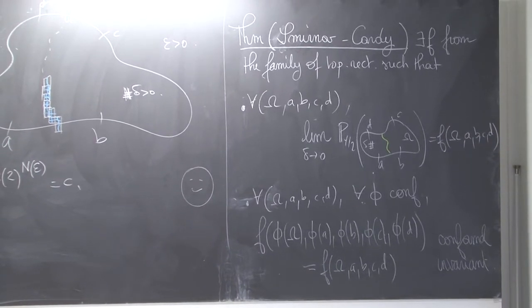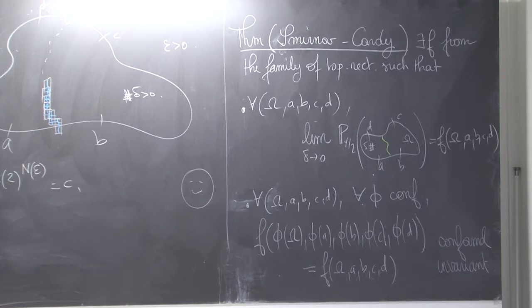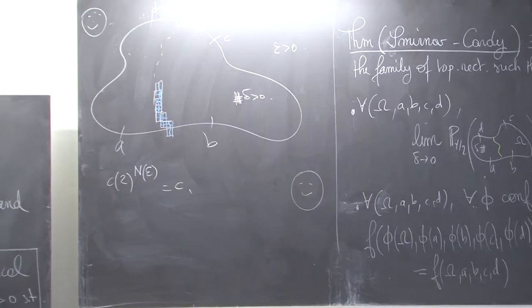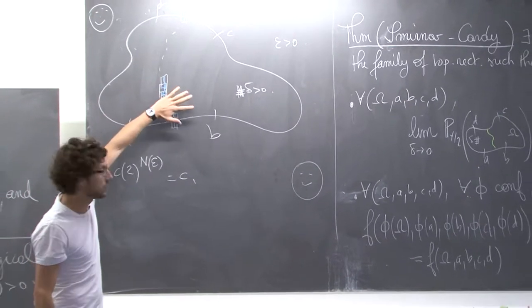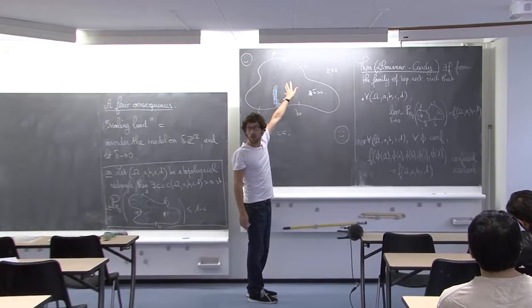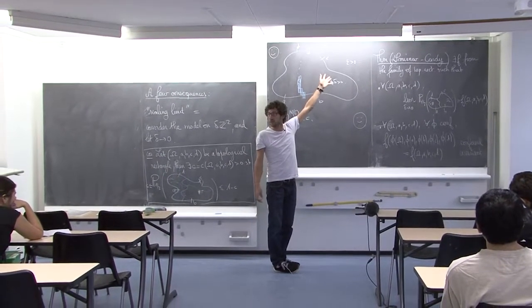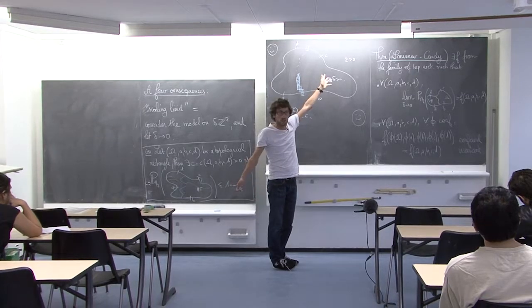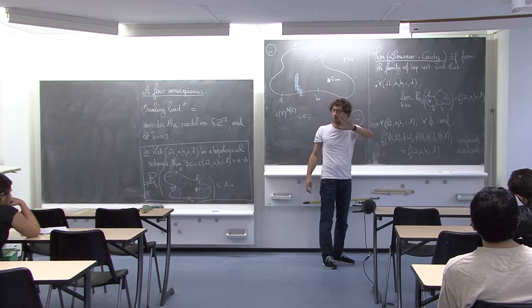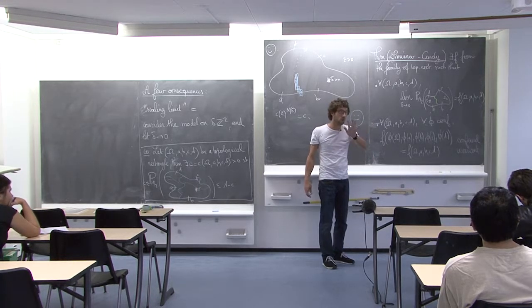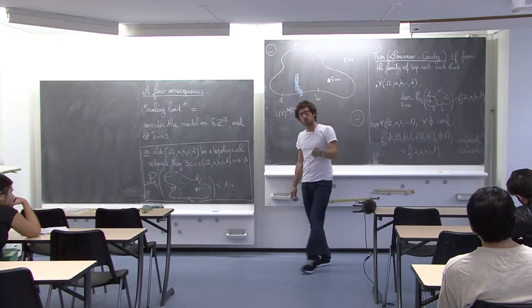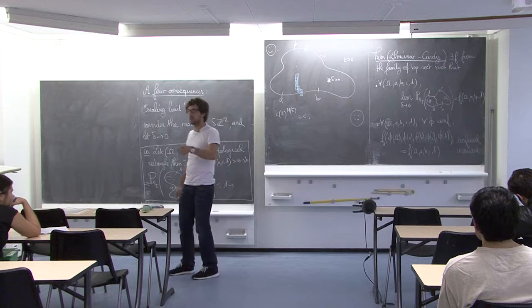If you take a rotation by pi over 2, it's clear, because it's a rotation of your lattice itself, that if you look at the crossing probability of this domain or of its rotation by pi over 2, you are going to converge to the same crossing probability. That's clear. But what I'm saying is that it's true for any conformal map, in particular for any rotation. You can prescribe any angle you want, and you are going to get the same limit. So there are symmetries emerging in the scaling limit.